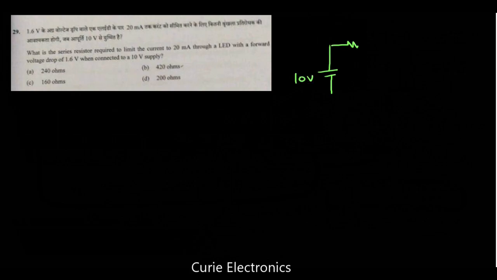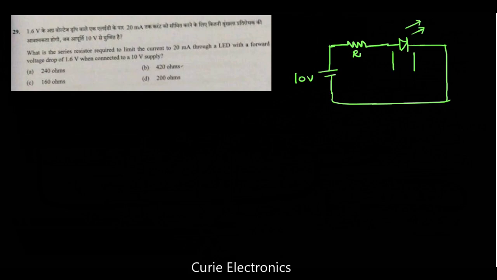This is the resistor to limit the current. Then we have a LED and the circuit is closed. LED is a light emitting diode. So what is the cut-in voltage of this LED? That is given as 1.6 volt.